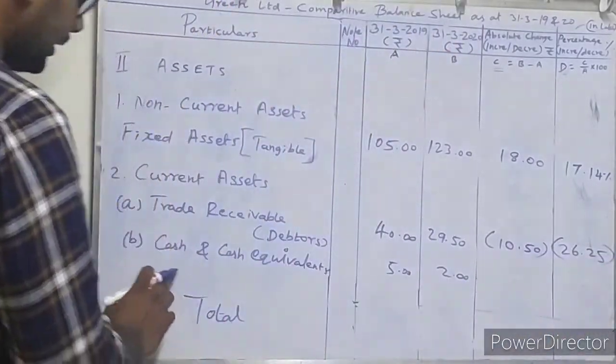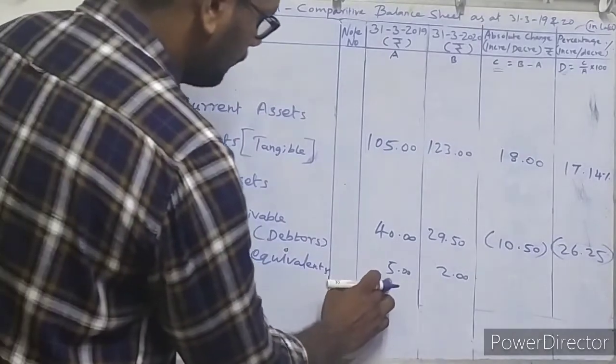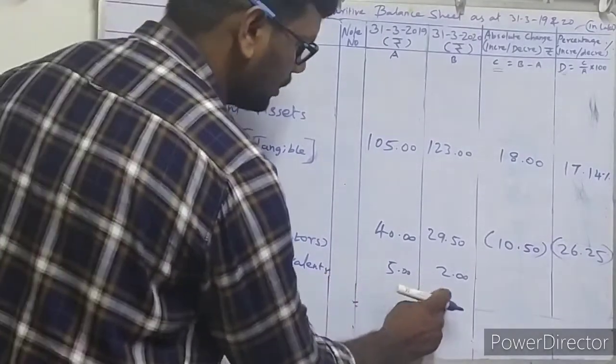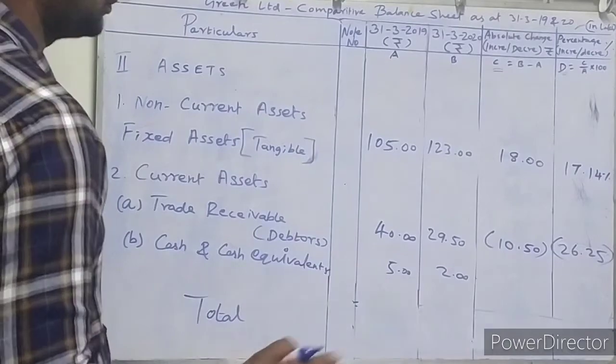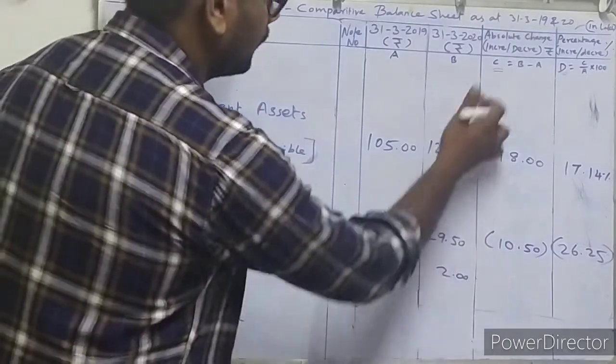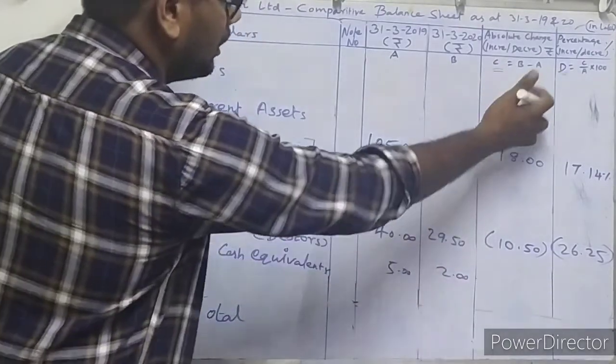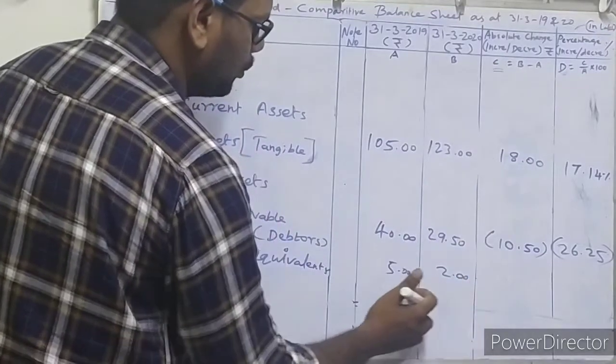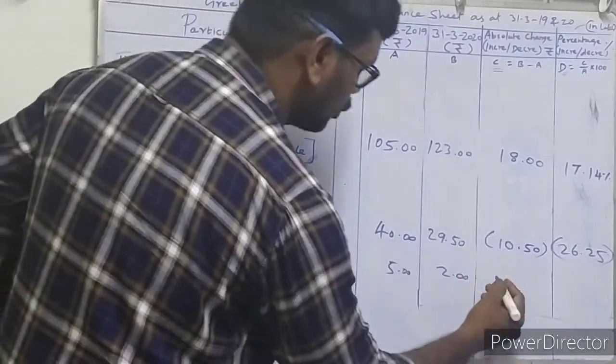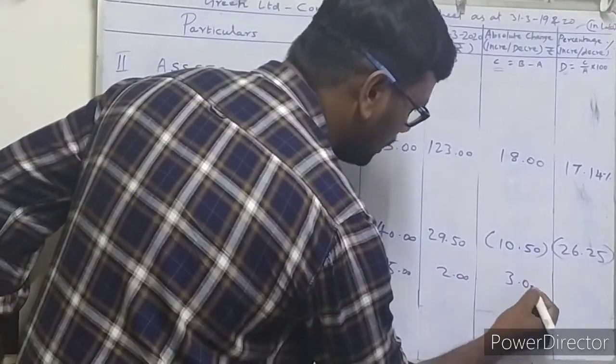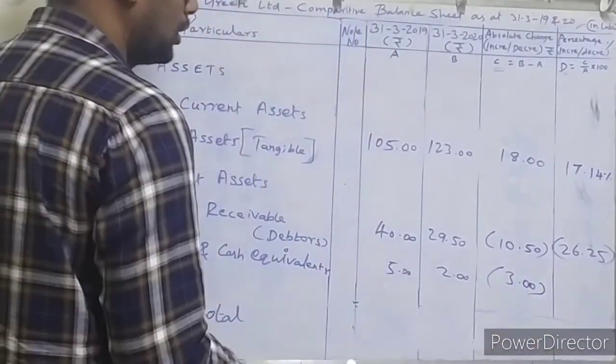The next one, cash and cash equivalents are available. For previous year it is 5 lakh rupees. For current year only 2 lakh rupees. 3 lakhs are reduced. If you substitute this formula, you can get the answer: B minus A, 2 minus 5 is equal to 3 lakh rupees. So 3 lakh rupees is reduced compared with previous year.